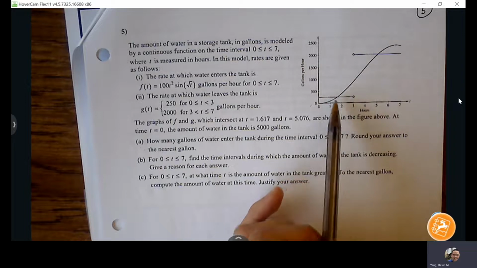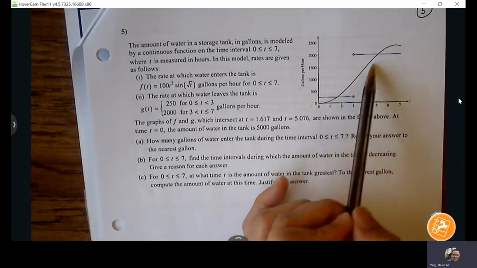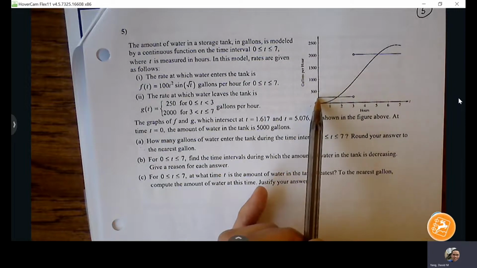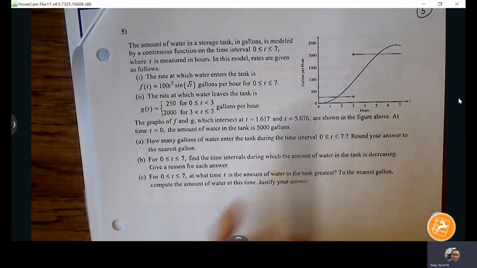So a couple things going on here. The amount of water coming in is increasing at a steady rate, and the amount of water being let out is at a constant rate, but then it's going to switch up to a lot more 3 hours in.